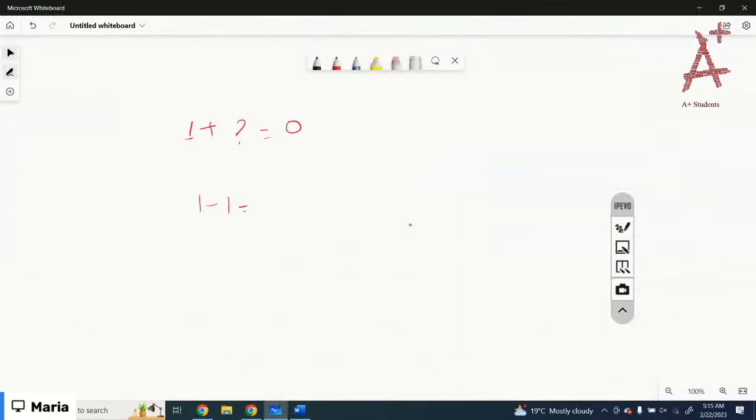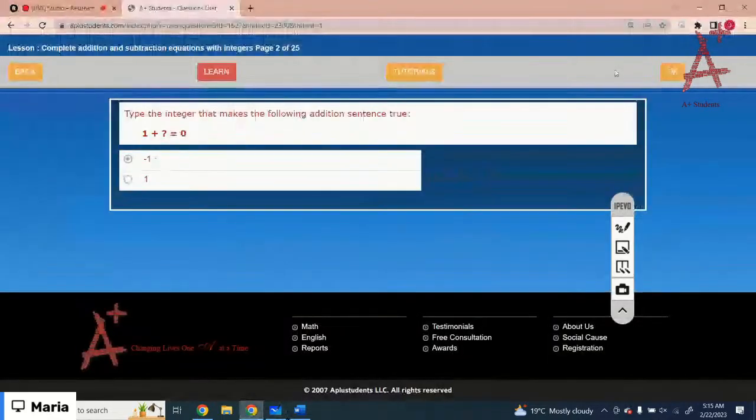So subtract 1 both sides. 1 minus 1 is 0. You're left with just the missing number here. And 0 minus 1 is minus 1. So it would be the missing number equals negative 1. Got it? The missing number is minus 1.